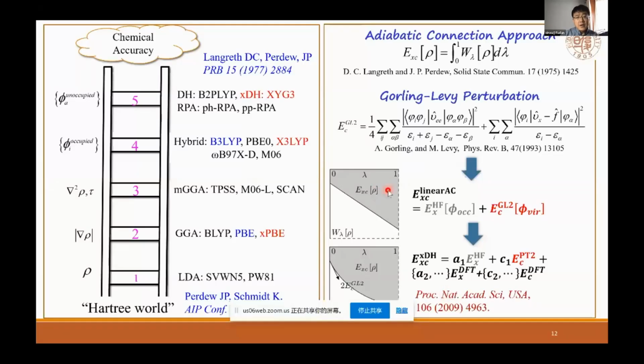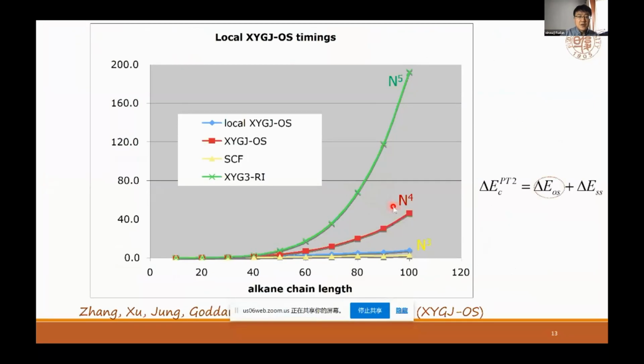Formally, the computational scale is increased now, because we explicitly treat all double excitations in the PT2 term. Here it shows how the computational time increases with the system size. The scaling for the PT2 is formally N to the 5th power, where N measures the system size.